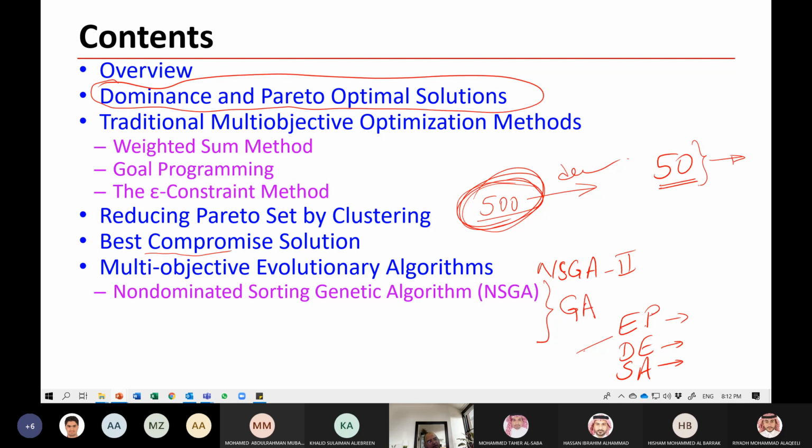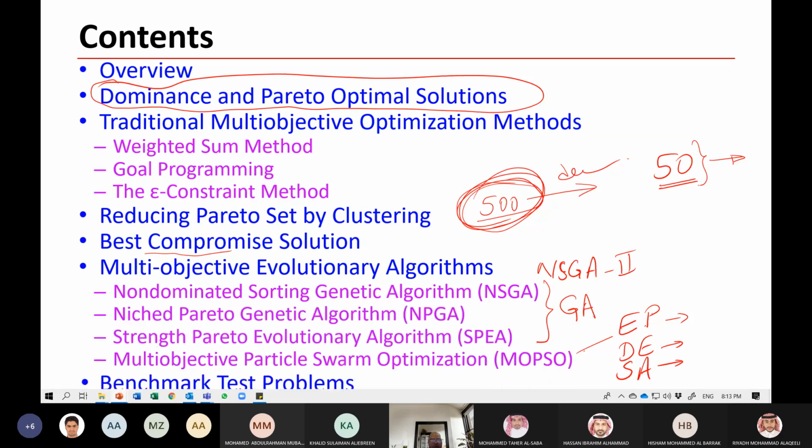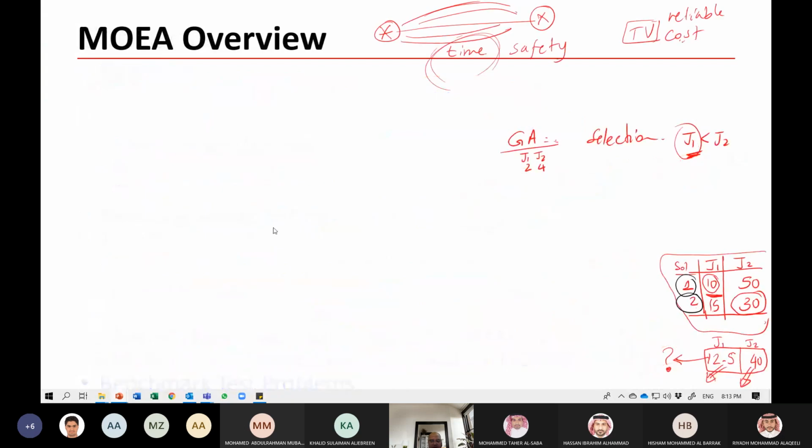We need it, or the selection process in single objective, we select based on the objective value. But here in multi-objective, we are not selecting based on the objective values, but based on dominance. And we defined what is non-dominated solutions and the dominated solutions.